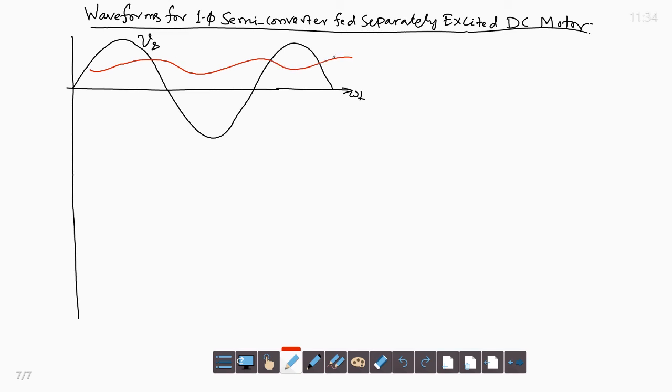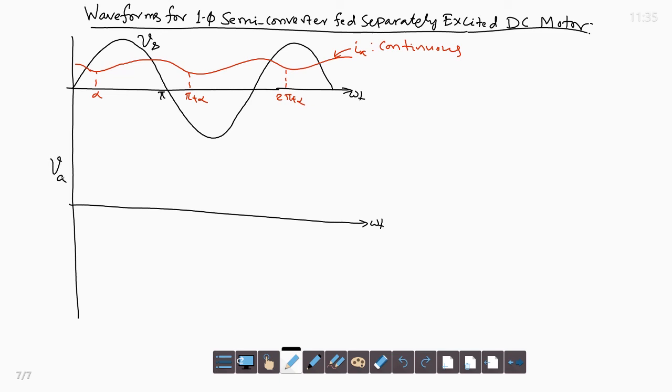This is I A, armature current, which is continuous. This is alpha, pi plus alpha, and 2 pi plus alpha. So, this is pi. We will draw the motor voltage, output voltage V A waveform.